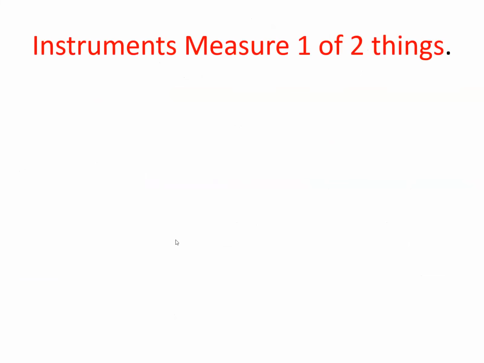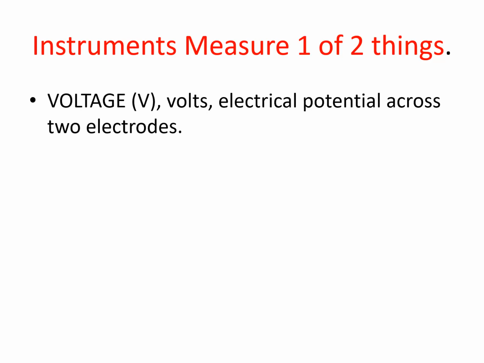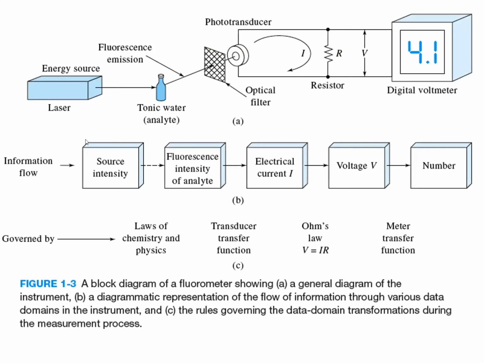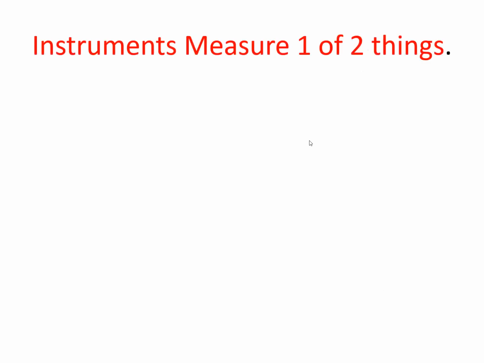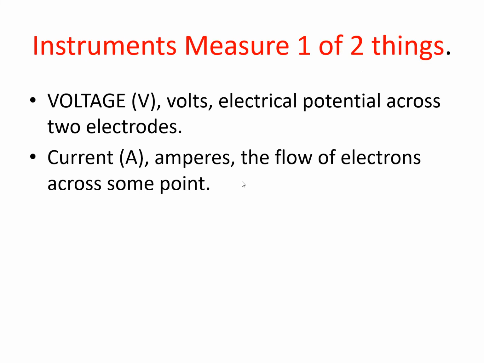Now, instruments measure one of two things. And what are they? They can measure voltage, or volts, or electrical potential across two electrodes. For example, this first one here, you can see they measure voltage across two wires here, across this resistor. And then they also can measure current. It's one of two things whenever you are getting some information using an instrument.